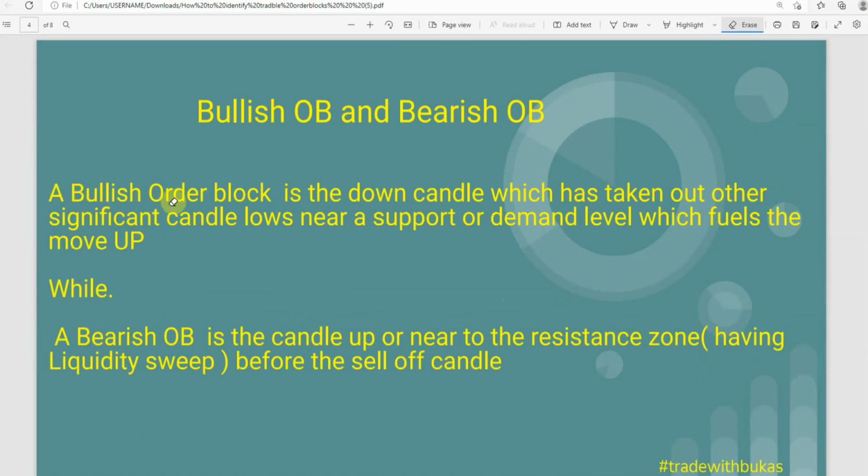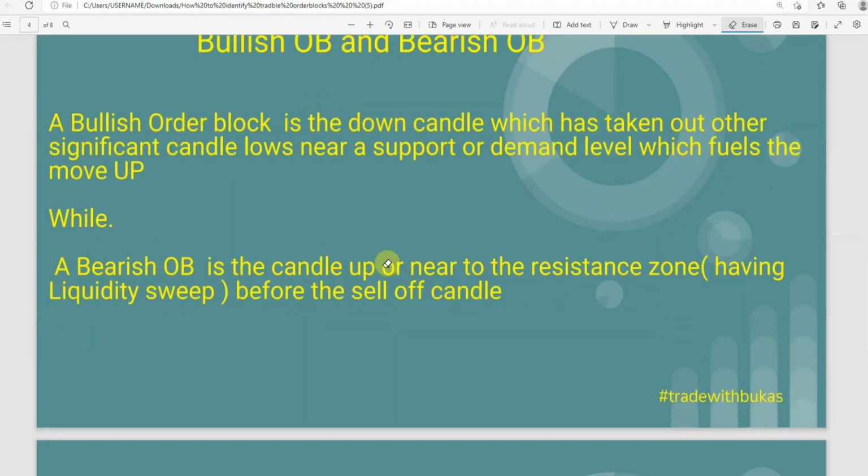Now, to recap your knowledge, a bullish order block is a down candle which has taken out other significant candle lows near a support or demand level, which fuels the move up of that trend. Now, a bearish OB is the up candle near a resistance level having a liquidity sweep before the sell-off candle.